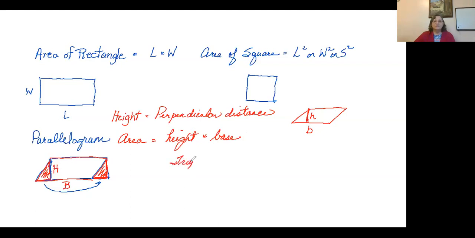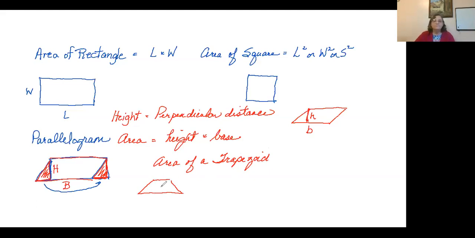Let's look at the area of a trapezoid. Now, a trapezoid is where two of the sides are parallel, but the other two tend to be angled in toward each other.